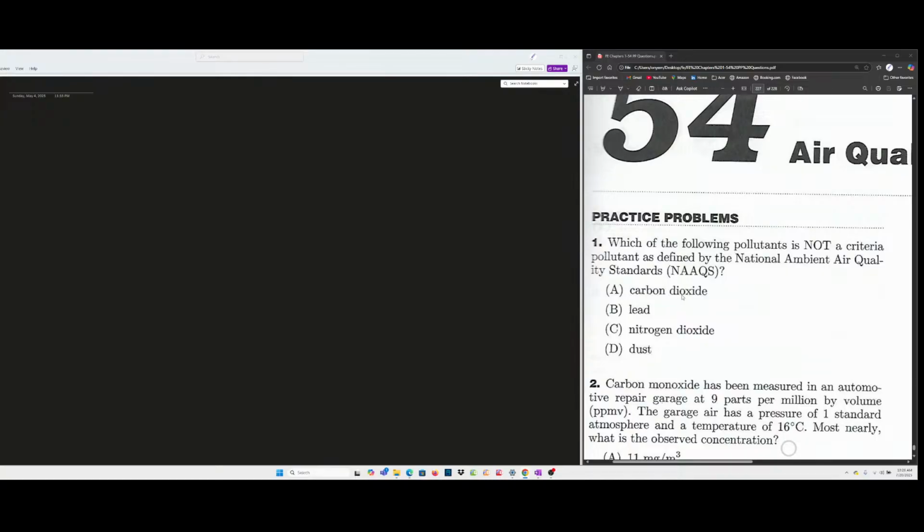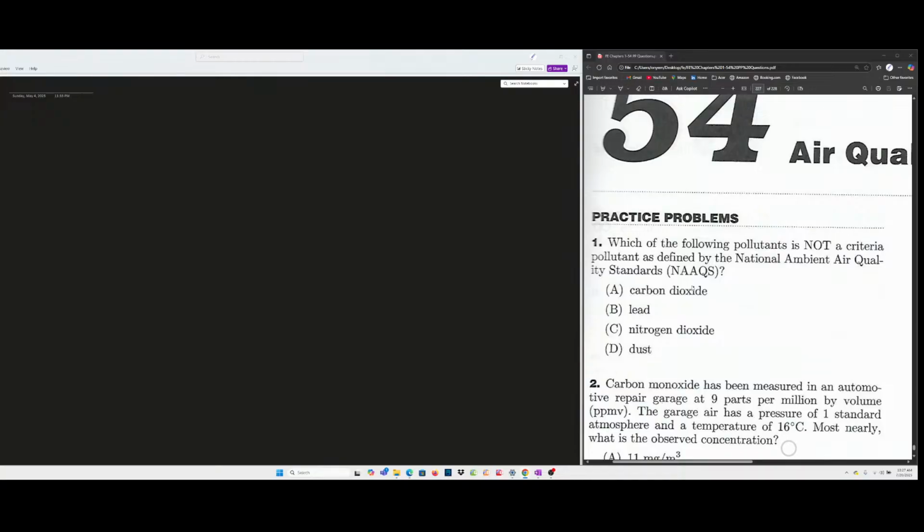Carbon monoxide is not a defined pollutant criteria, so obviously it's going to be our answer, because lead is a defined pollutant. Nitrogen dioxide is a defined pollutant.